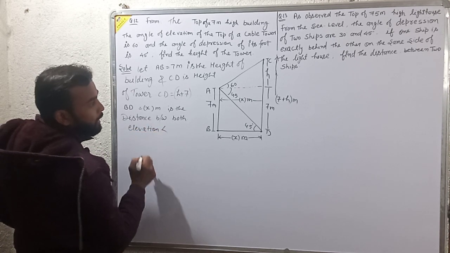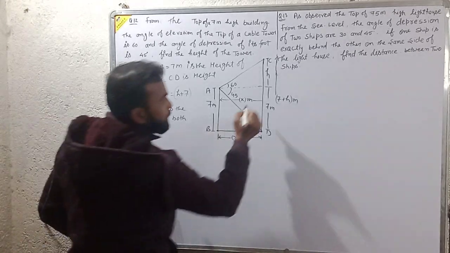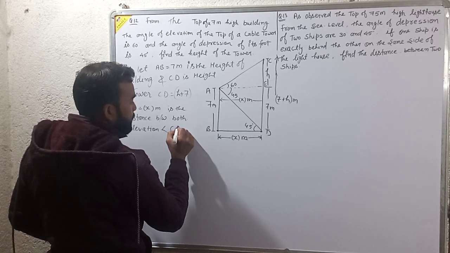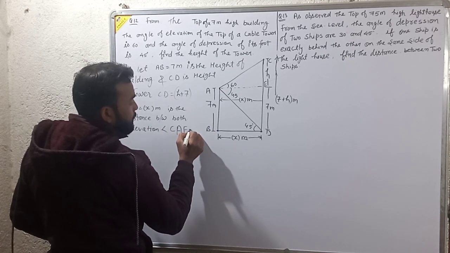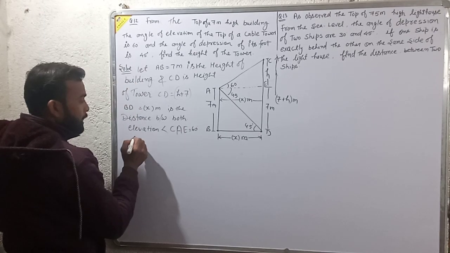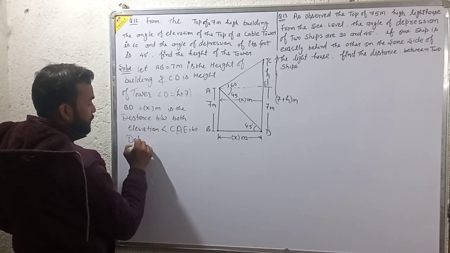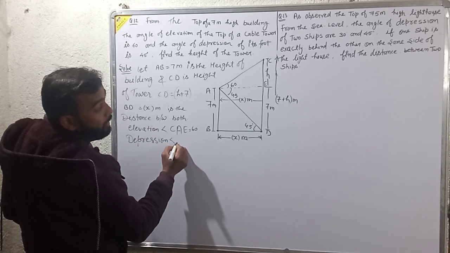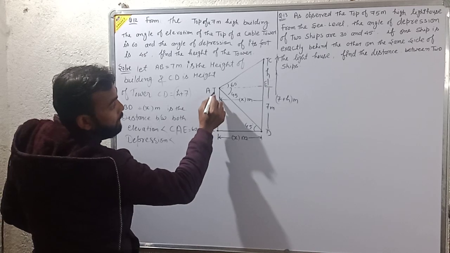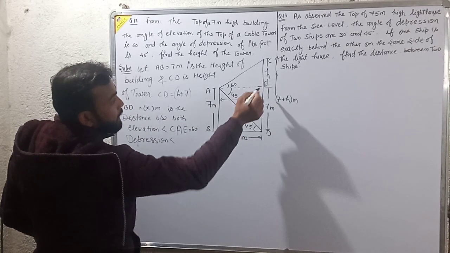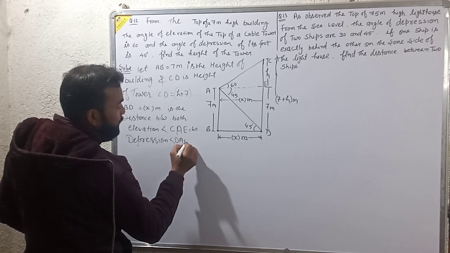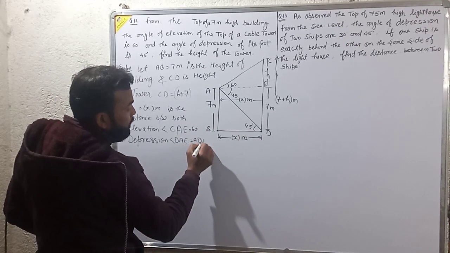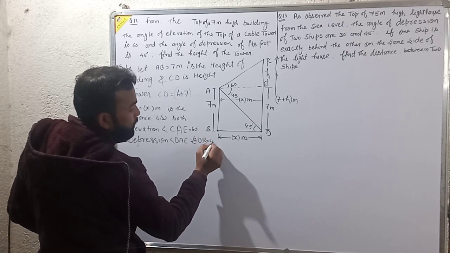The elevation angle CAE is equal to 60 degrees, and the depression angle DAE, equal to ADB, is 45 degrees.